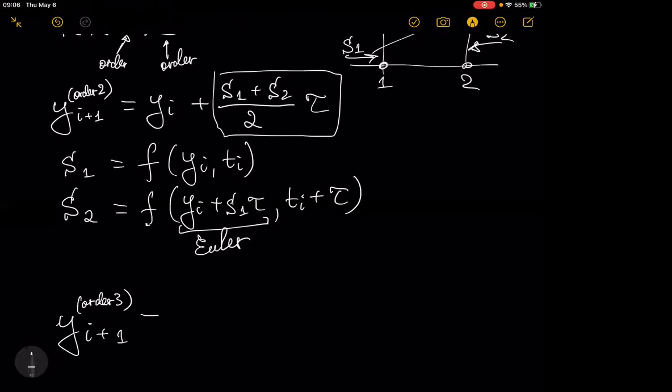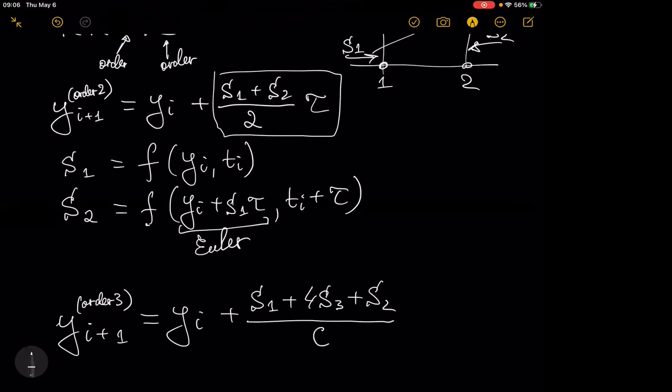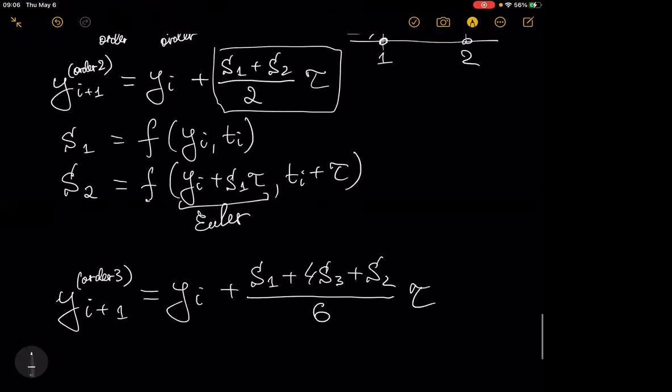And if you have a look above, once again, you would have the following: S1 plus 4 S3, the midpoint, plus S2, divided by 6. And this is multiplied by tau. So it's like a Simpson step, right? Just in order to compute it, we need to use S3, which is a half step essentially.